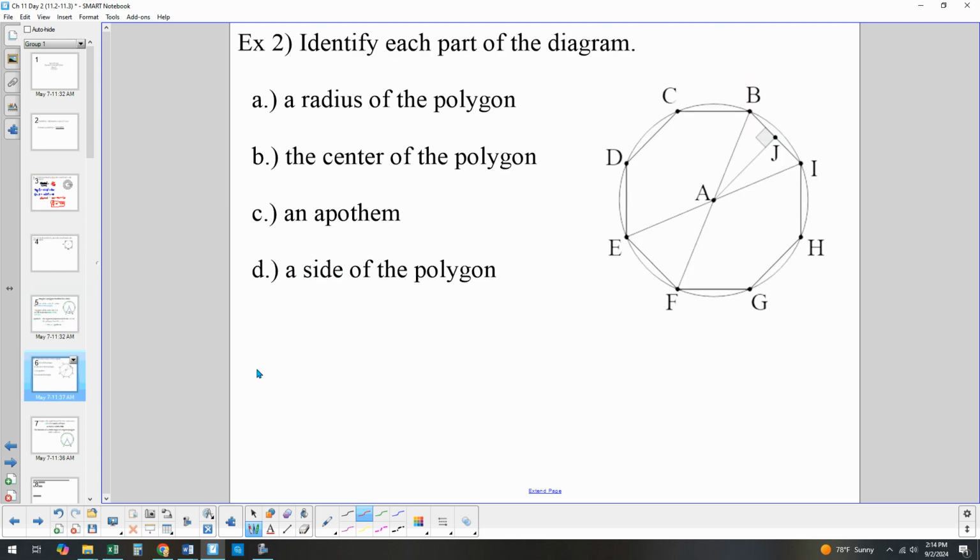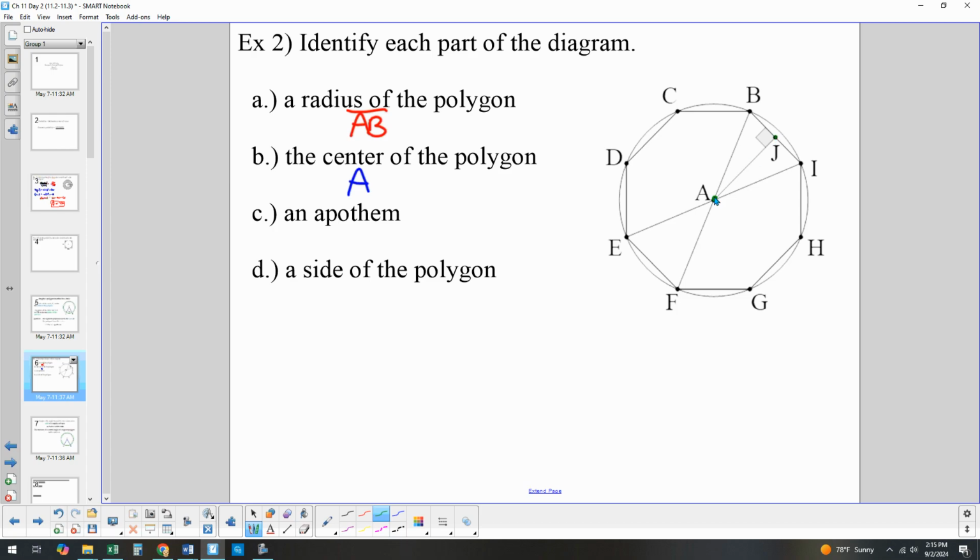So let's just identify one thing from each of these because there's many radii, there's many sides. Let's just name one. So a radius of the polygon would be anything from the center to a vertex. So like AB is a radius of the polygon. The center of the polygon is point A. The apothem has to go from the center perpendicular to the side.